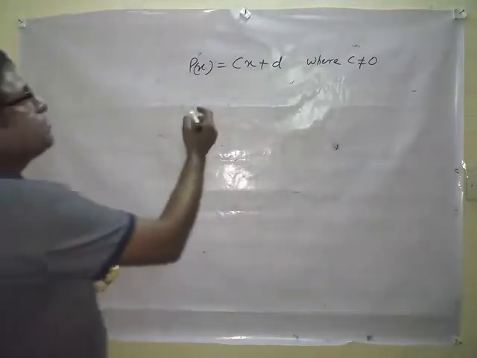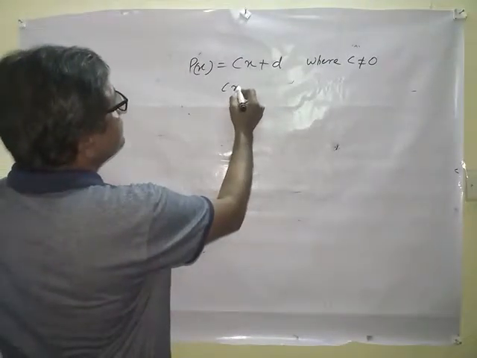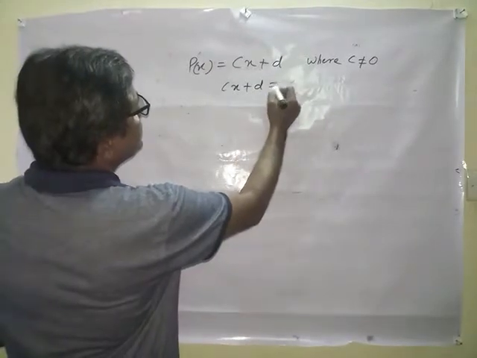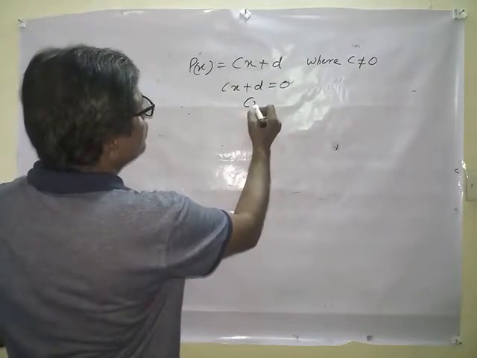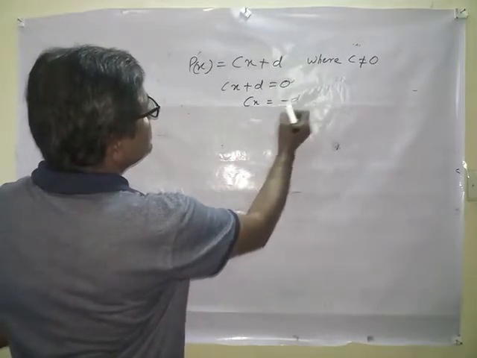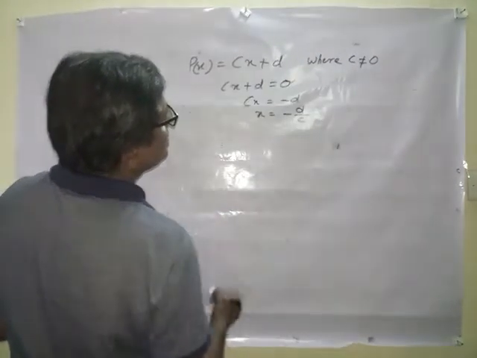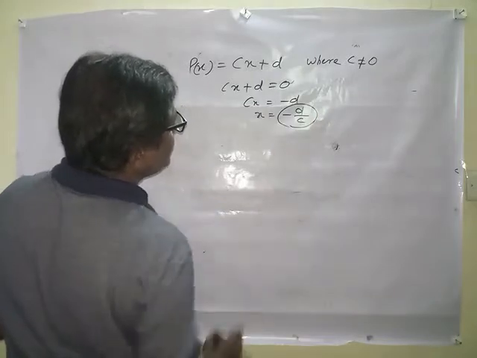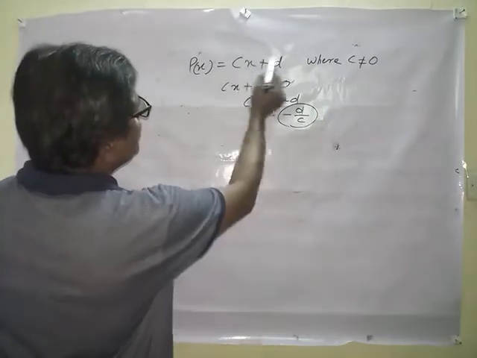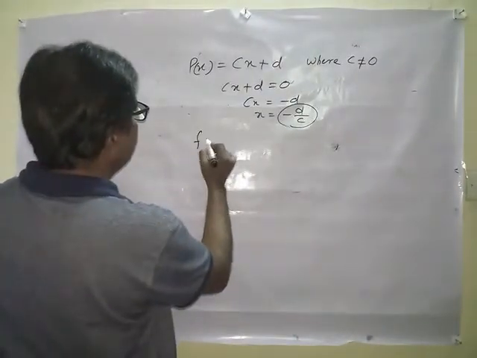Now in this equation, Cx plus D equal to 0, so Cx is equal to minus D, x is equal to minus D upon C. This is the zero or root of this equation.